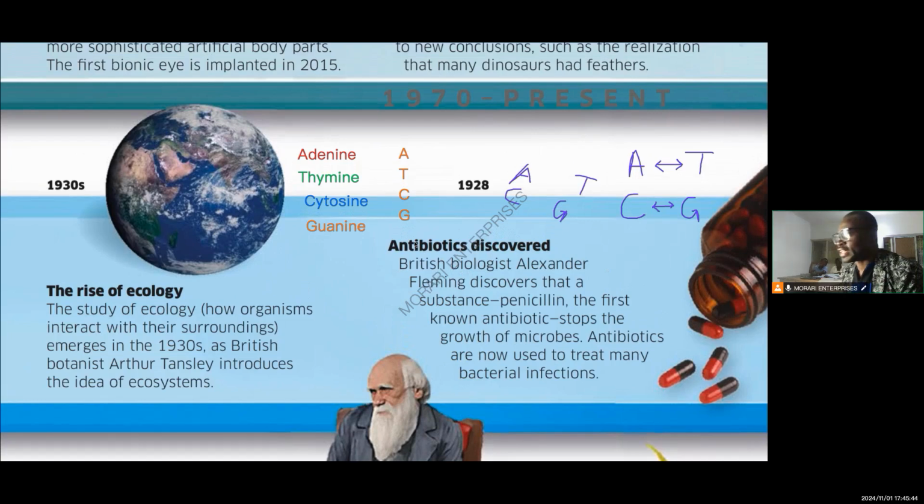Antibiotics. What are antibiotics? Very good. So antibiotics were discovered. British biologist Alexander Fleming discovers that a substance, penicillin, the first known antibiotic, stops the growth of microbes.